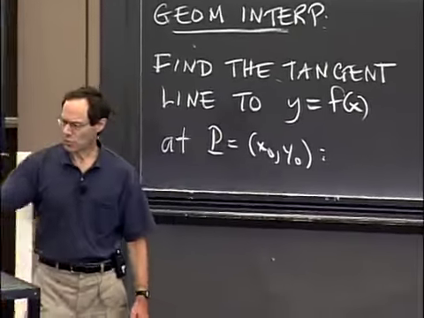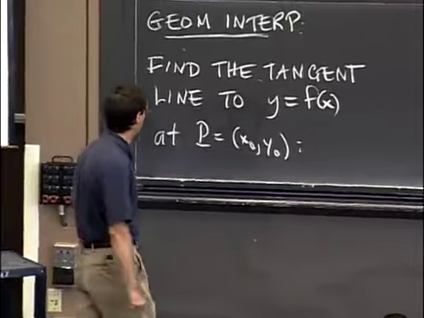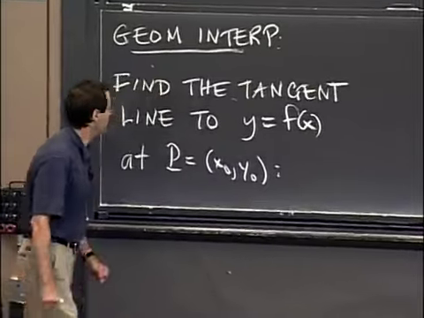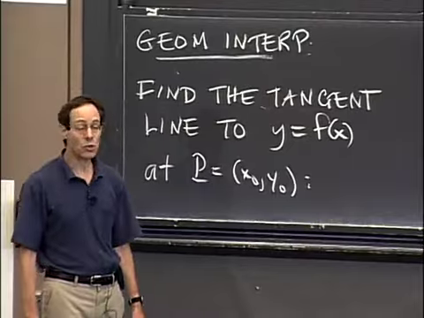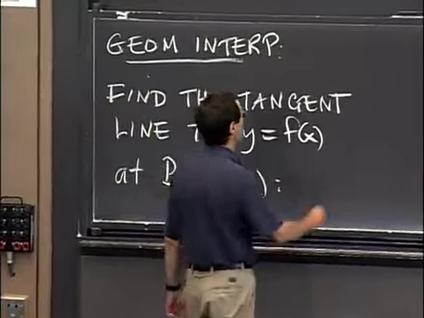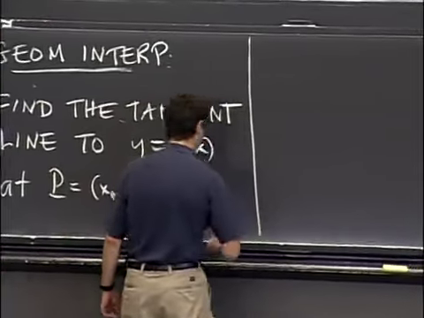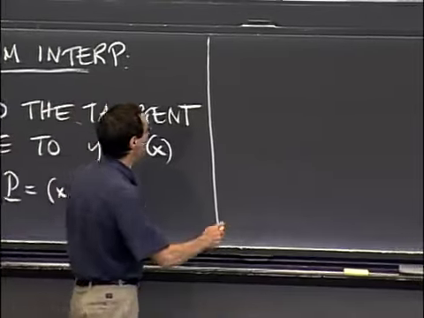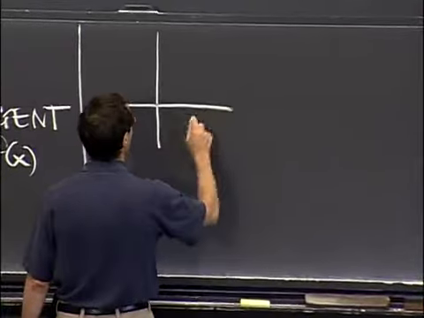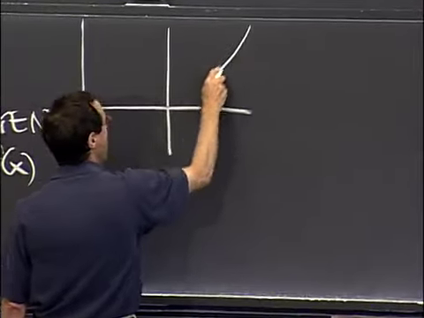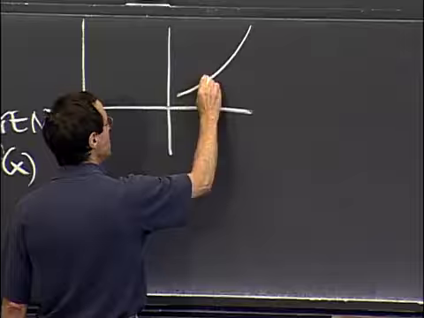I guess I should probably turn this off. All right. So here's our problem. And now let me show you the solution. So, well, let's graph the function. So let's say here's its graph, and here's some point.